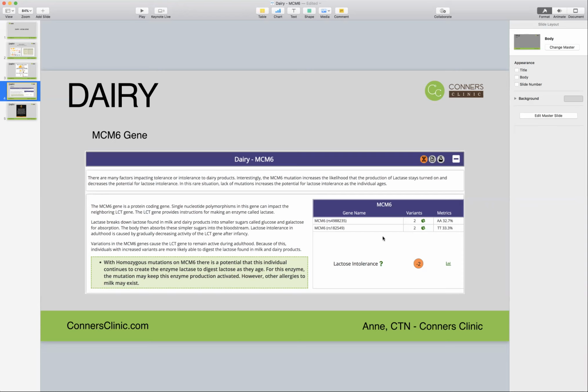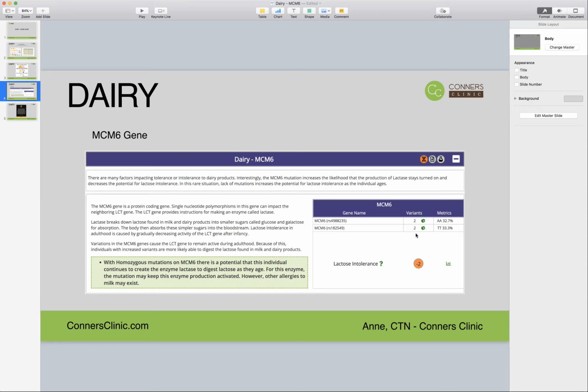That's the normal expression. When you have variants here, it actually means that these genes are likely still turned on into adulthood. Therefore, you might still be able to break down the lactose in dairy as an adult, and you might not have any issues with lactose. So variants here are not a bad thing in this situation. It means the gene is likely turned on and you might not have any issues digesting lactose.